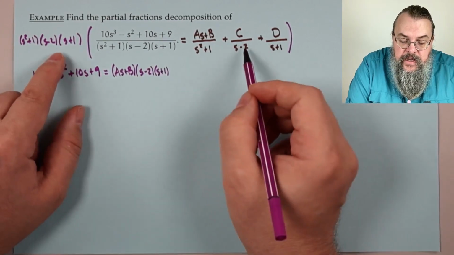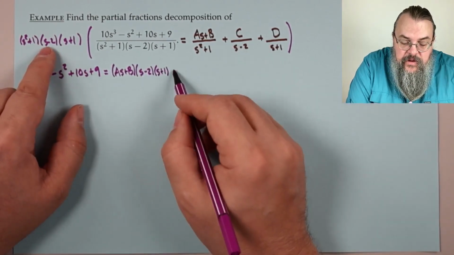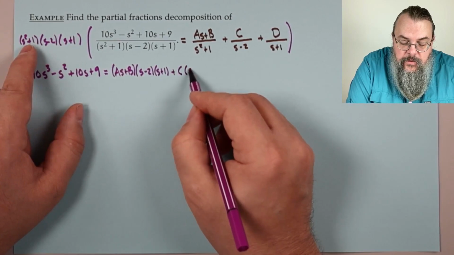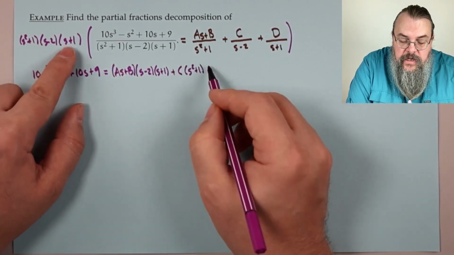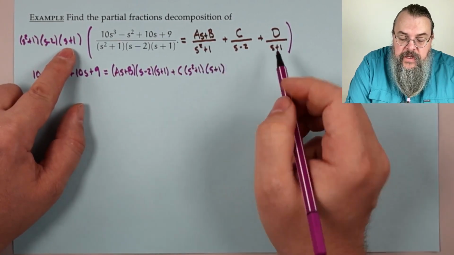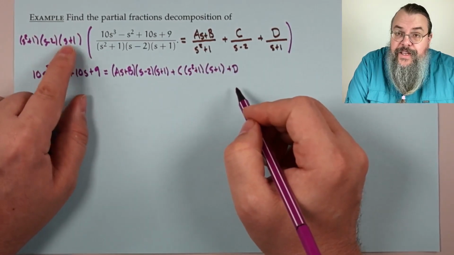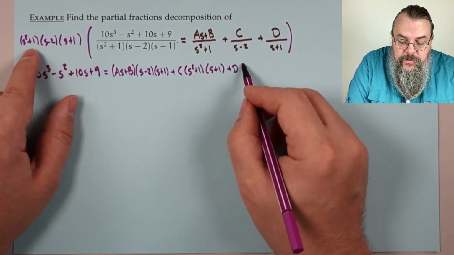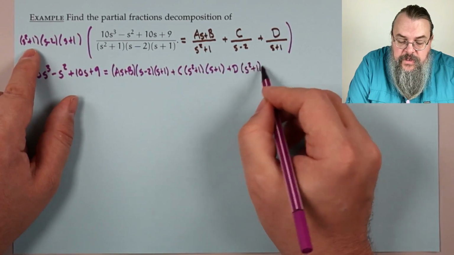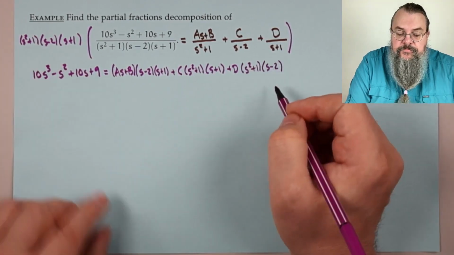On the next term, the s minus 2 cancels, so we'll be left with an s squared plus 1 and an s plus 1. In the last term, it's the s plus 1 that cancels, so we'll be left with an s squared plus 1 and an s minus 2.